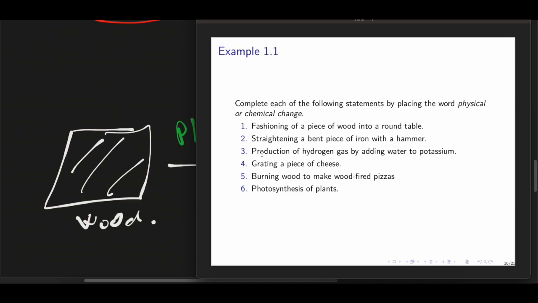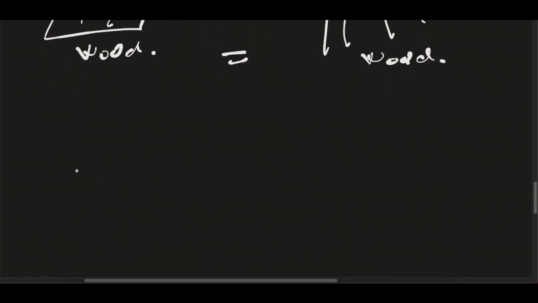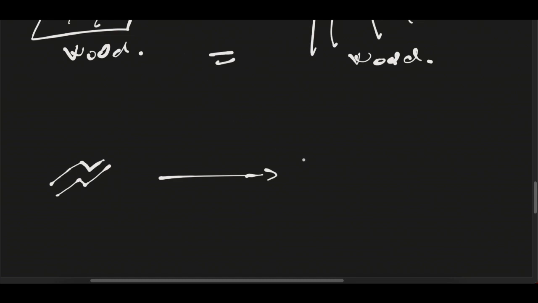Second statement: straightening a bent piece of iron with a hammer. So we have a bent piece of iron, like this, for example. It will be straightened to get a regular form of this iron. Here we're using a hammer.